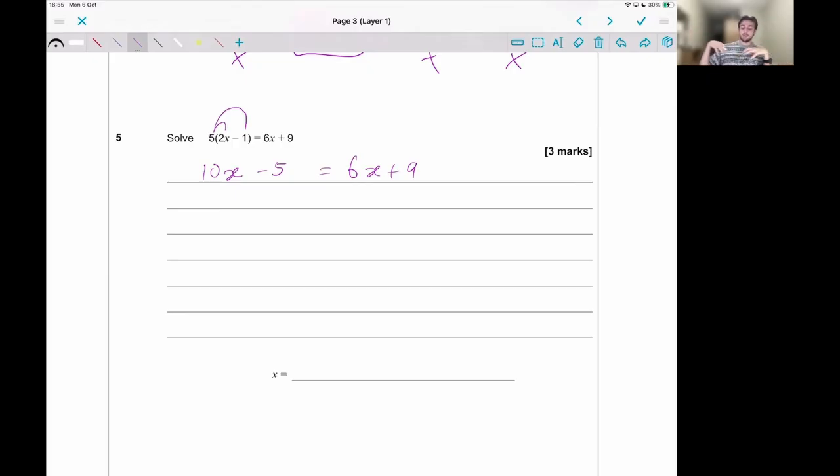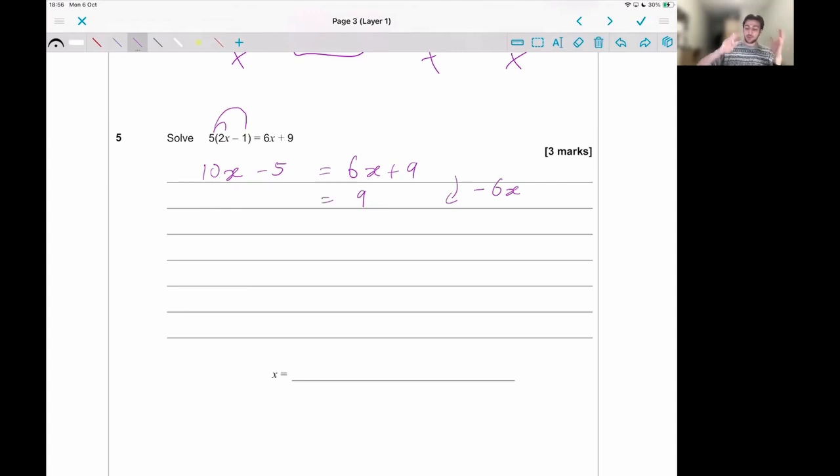But on my next move, what I'm going to decide to do is say, actually, I want all my x's on the same side. I don't like having 10x on the left and 6x on the right. So I want all my x's on the same side, which means I need to get rid of the 6x on this side. So I'm going to take away 6x from this side.